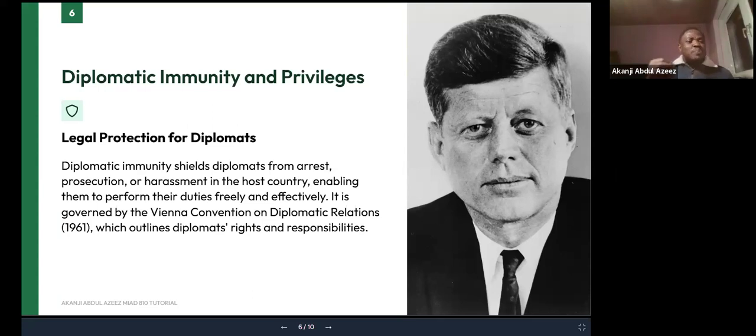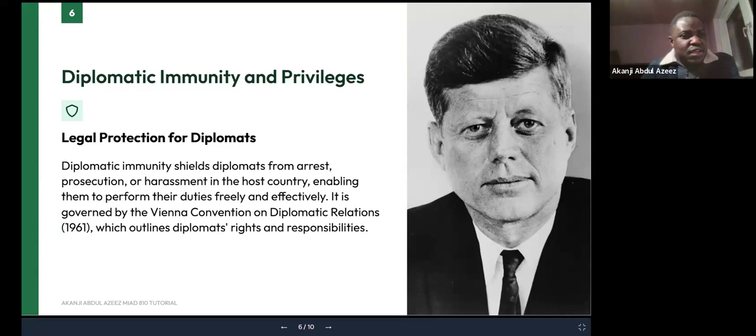Understand? So the purpose of diplomatic immunity is to allow diplomats to perform their duty without interference or pressure from the host government. You understand now? It is just to allow diplomats to perform their duty without being harassed or manipulated by the host country.